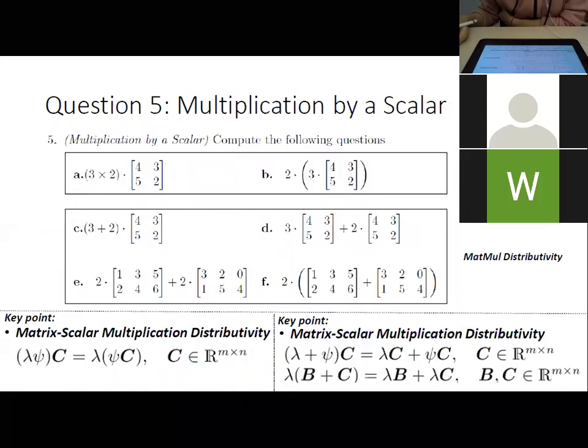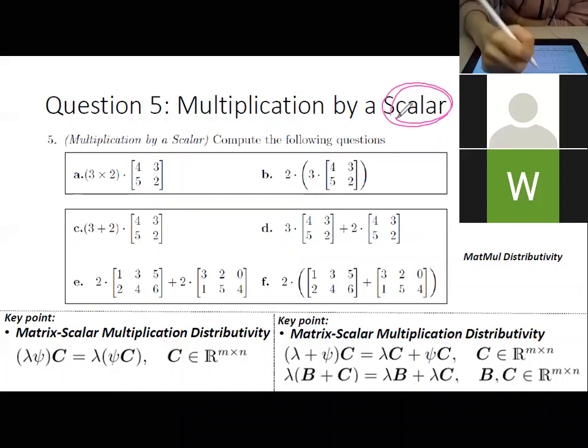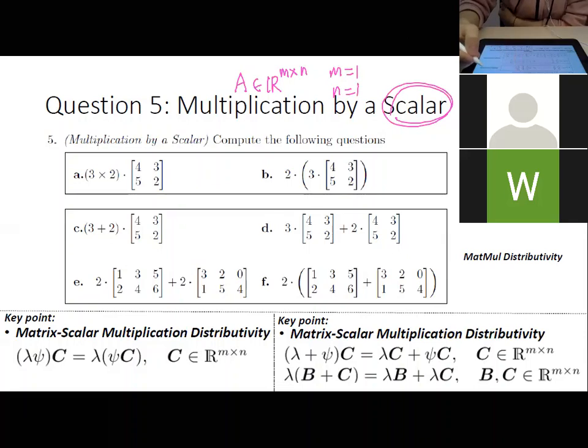Question 5's topic is about multiplication by a scalar. And actually, I think question 5 and question 4 talk about the same topic, because you can see if we have a matrix A of size m times n, if we set m equals 1 and n equals 1, this is actually a scalar, since it only has one row and one element.